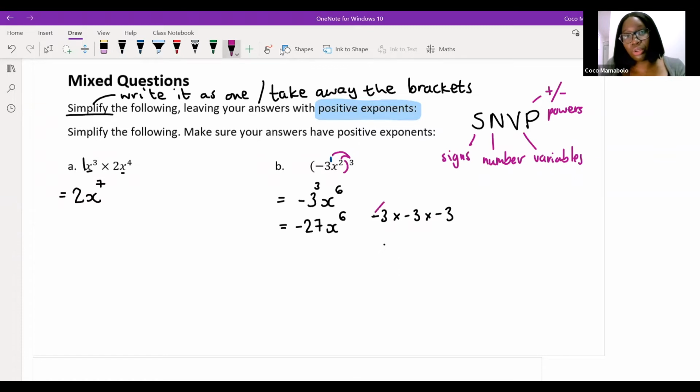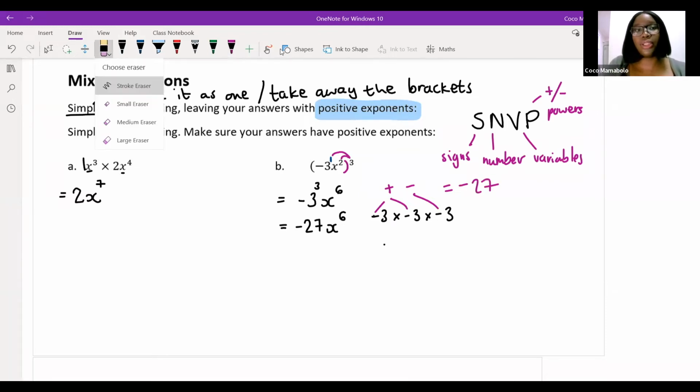These two will give me a positive, and then I'll have a positive times a negative, which gives me a negative. There we go. It's a negative. Because the signs are different, then we just do the numbers. 3 times 3 times 3 will give me 27. Thank you. Sure, no worries.